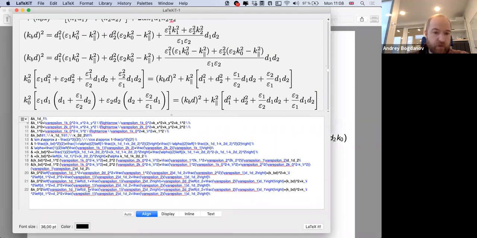What will I have? I will have just a single bracket and single fraction. What is the fraction?